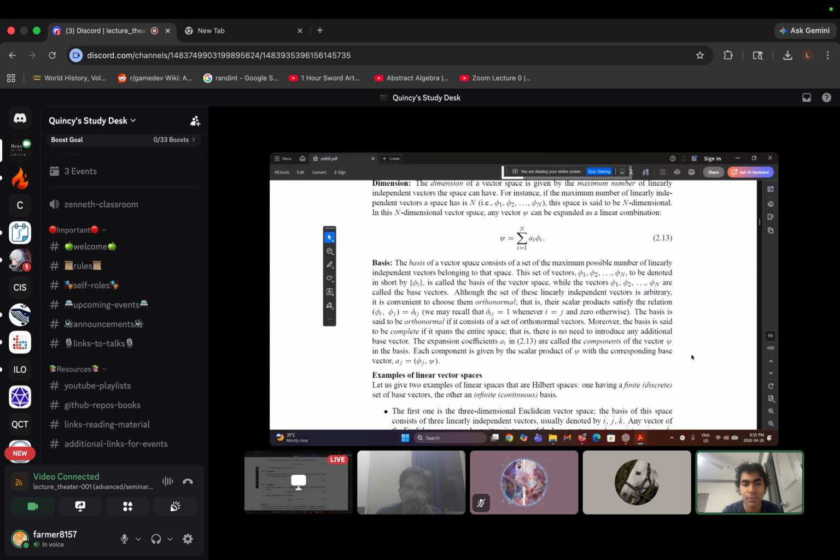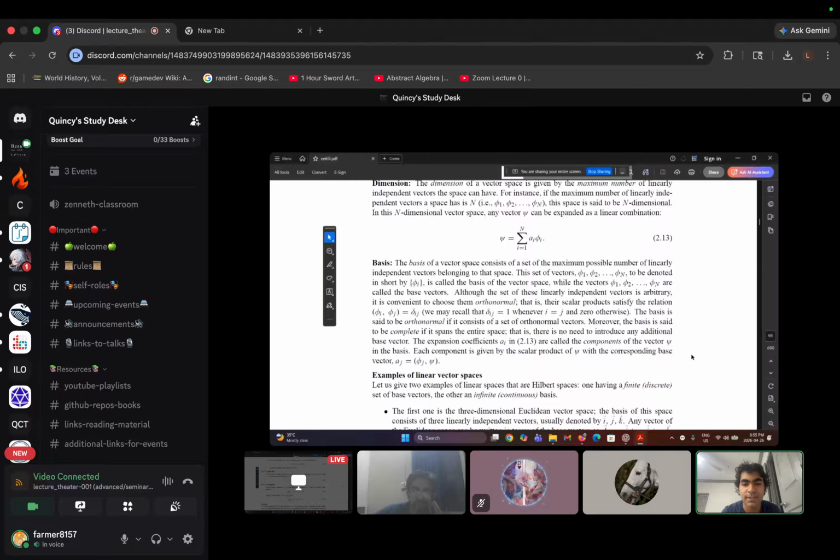That is, their scalar products satisfy the relation phi i comma phi j equals the Kronecker delta ij. We may recall that delta ij is equal to 1 whenever i equals j and 0 otherwise.